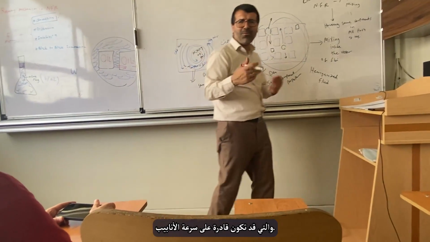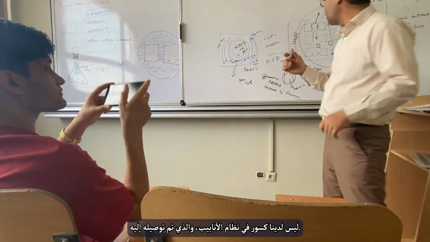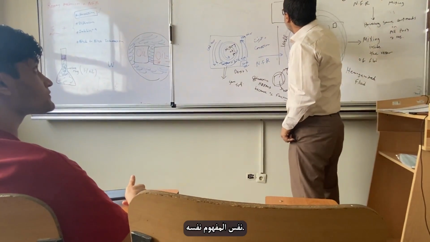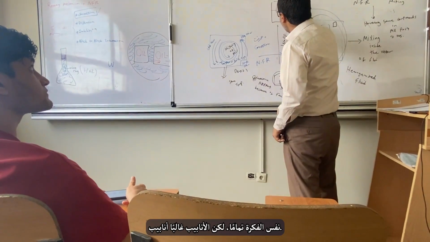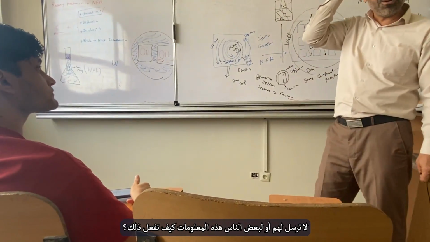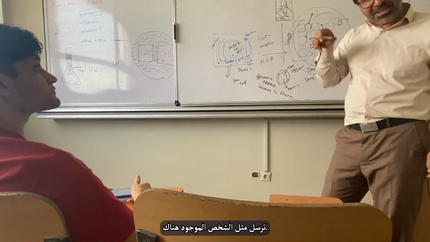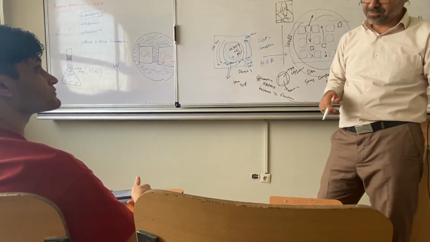Actually, we don't have a piping system. We have fractures, which are connected fractures, the same concept. But don't say piping, because some people will ask, where is your piping? Who sent a person down there to make the piping?